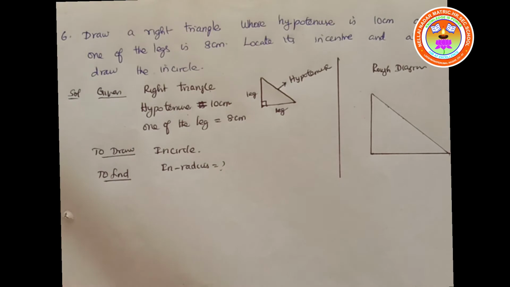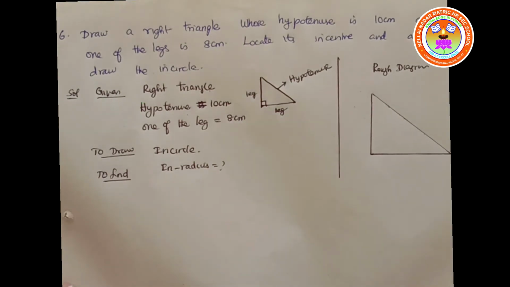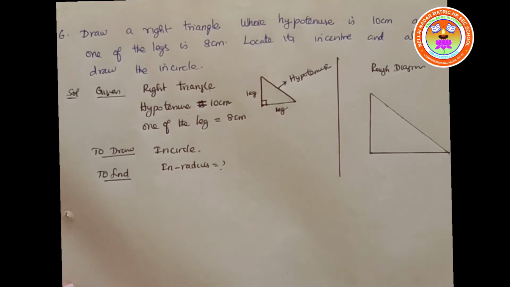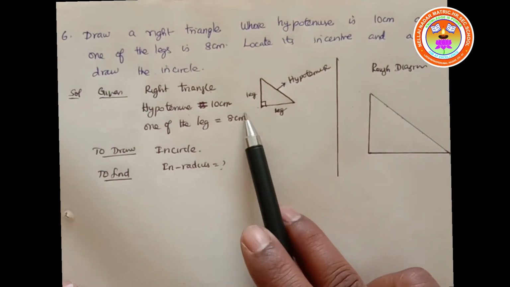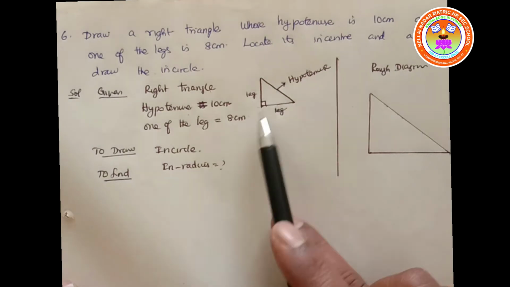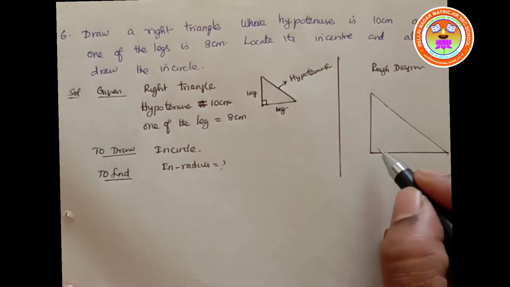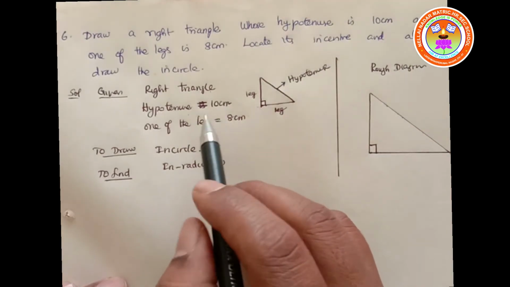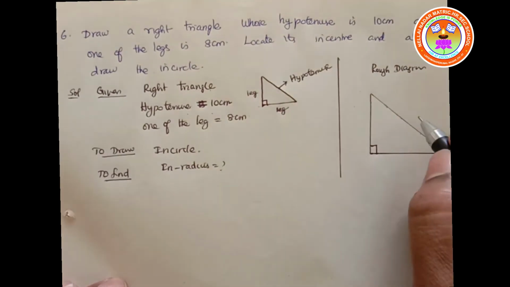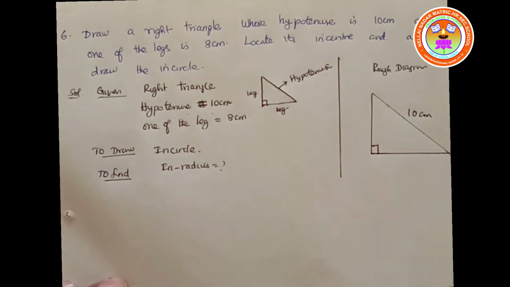In a right angle triangle, you have one hypotenuse and two legs. Here one leg, 8 centimeter, is given; the other leg is not given. The side opposite the 90 degree is the hypotenuse, given as 10 centimeter.